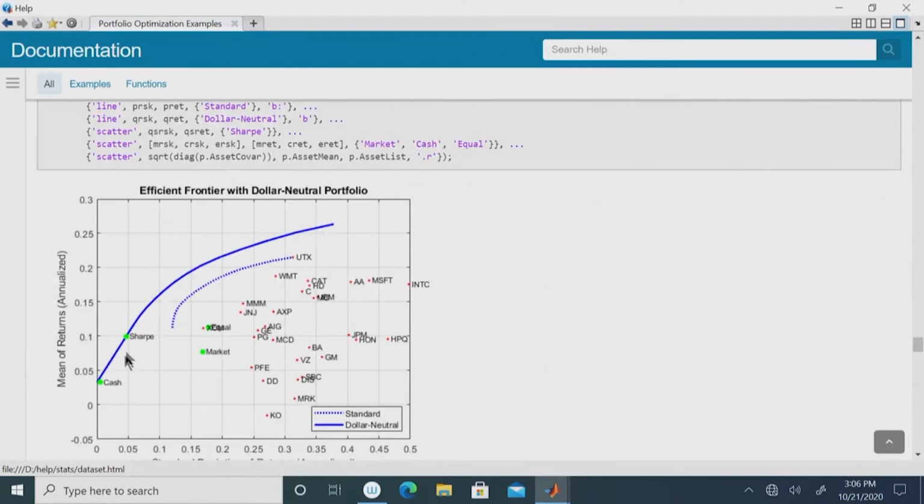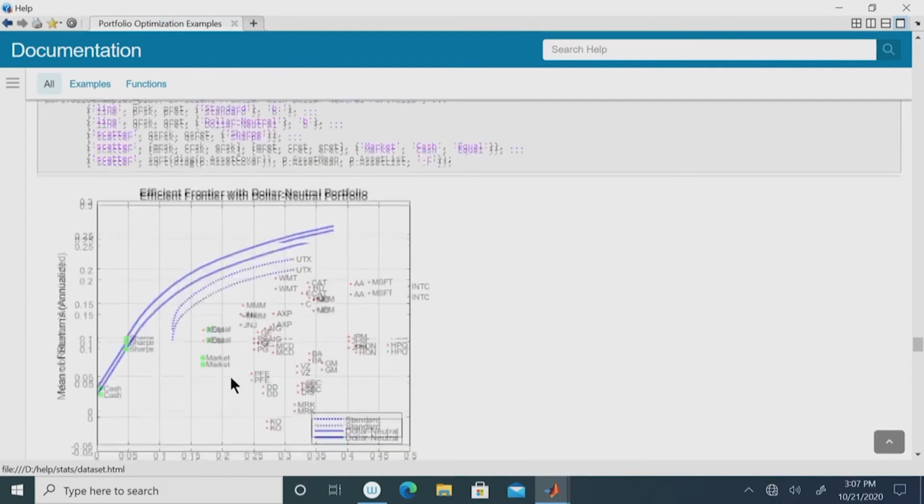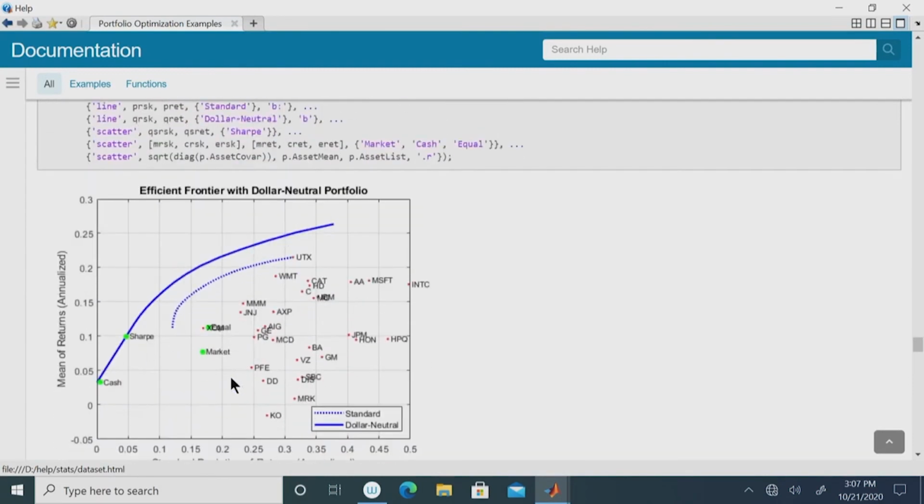This is the tangent line, and this point of tangency is the one with the maximum Sharpe ratio. This bold curve is the dollar neutral efficient frontier, and this dotted one is the standard or usual efficient frontier.